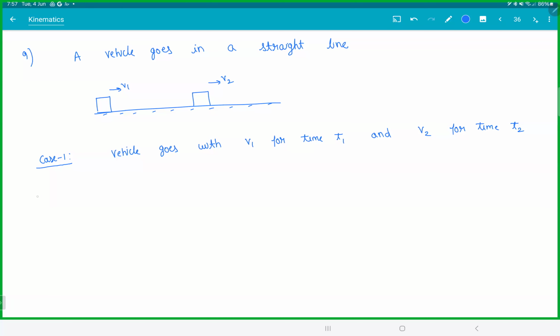Find the average velocity. Case 2, vehicle goes 1/3 of the total distance with V1 and remaining distance with V2.